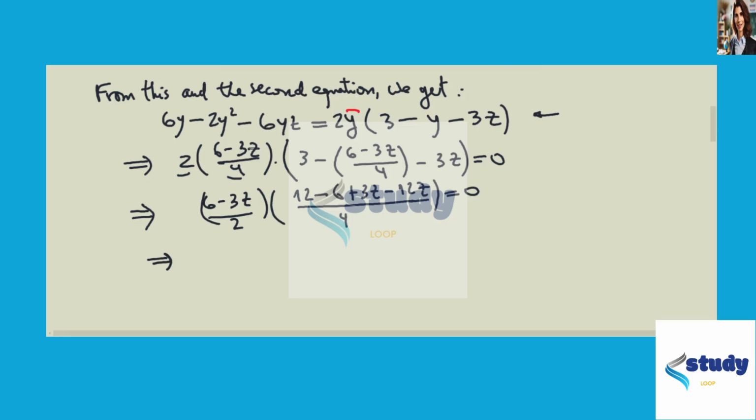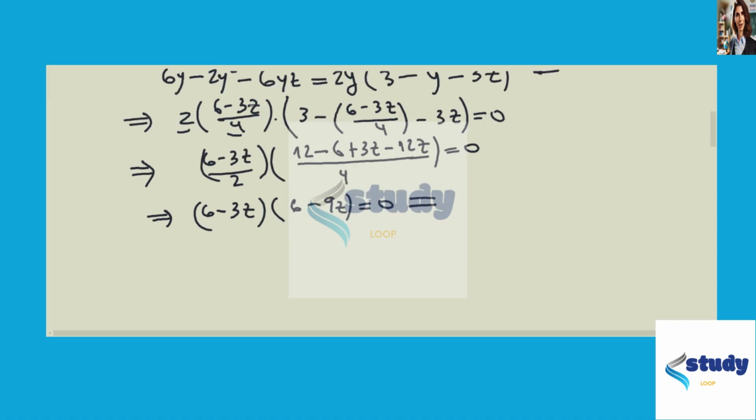We know that it's the multiplication of numerator times numerator over denominator times denominator. So the denominator, which is 8, we pass it to the right and we get 0 again. So we can say that this is 6 minus 3z with this factor here out. And on the right we have 12 minus 6 is 6, and 3z minus 12z is negative 9z, equals 0. So from here, we have two possible solutions.